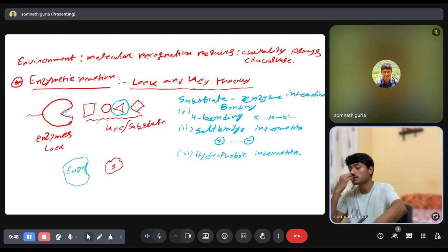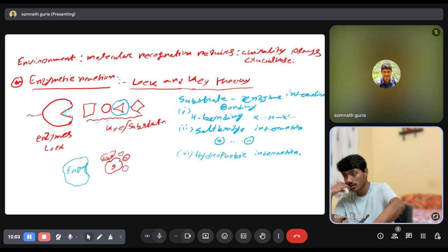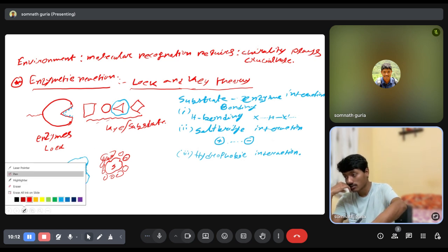In the biological system, the substrate is associated with a huge amount of water molecules. Let's suppose this is the H2O over here. This is the water molecule, and the enzyme is also associated with a huge amount of water molecules. Solvent surrounds its structure.